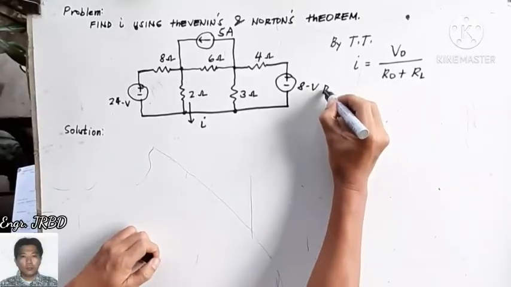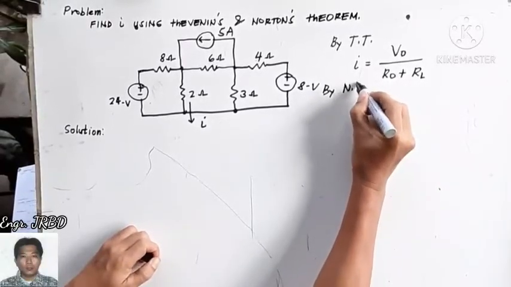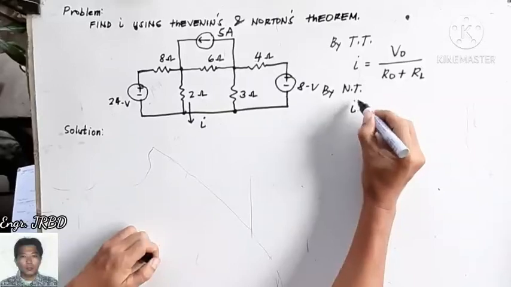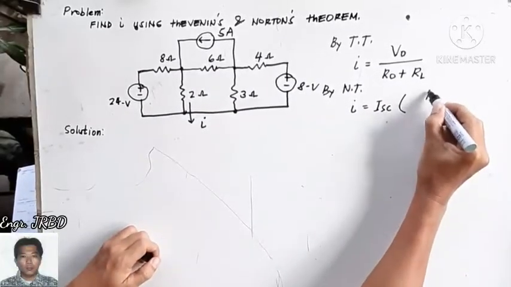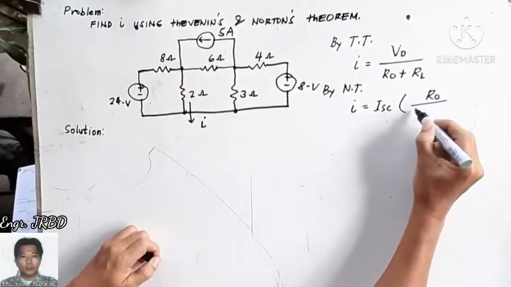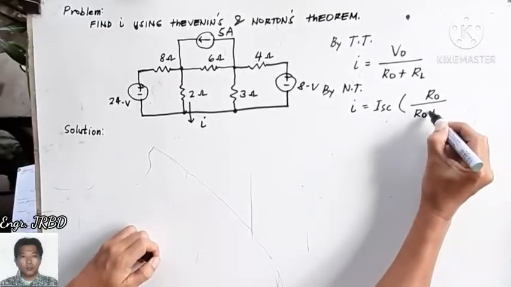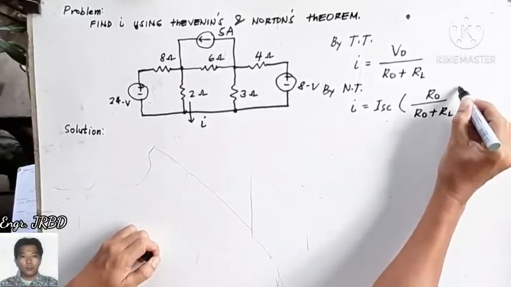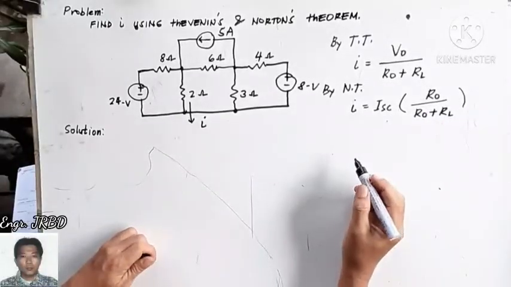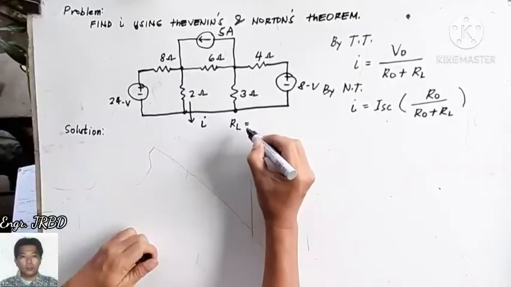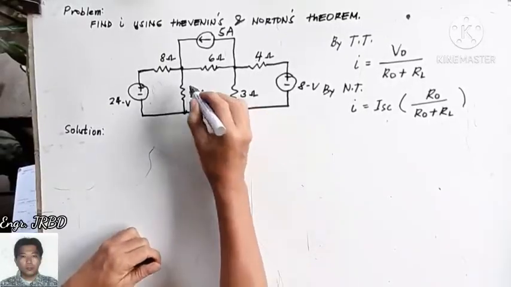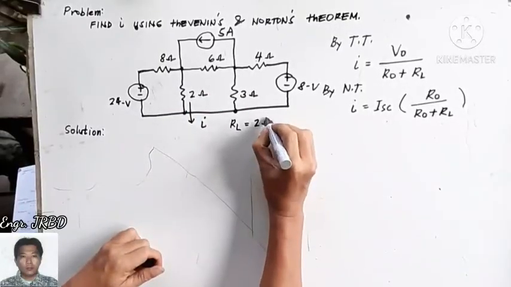And by Norton's theorem, your I is the short circuit current times the looking back resistance all over R sub O plus R sub L, wherein by inspection our RL should be the resistance where your current is to be obtained. In this case, it is 2 ohms.